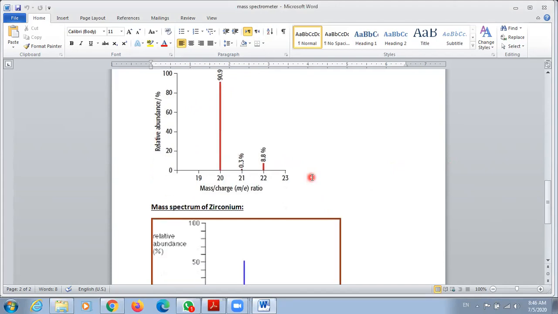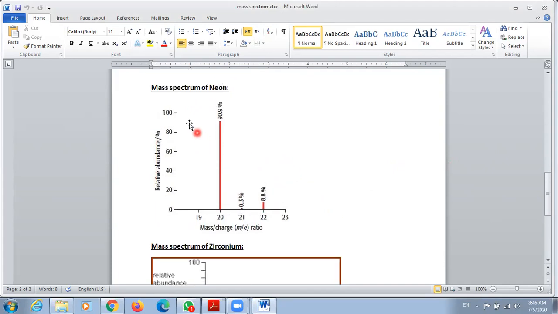Okay. Now, up till now, we have seen the mass spectrum of monoatomic elements. As you know, elements are divided into monoatomic and diatomic. And of course, phosphorus and sulfur are different.